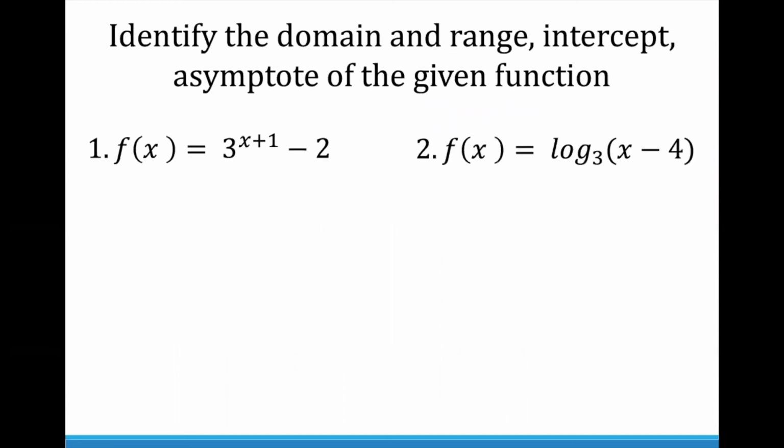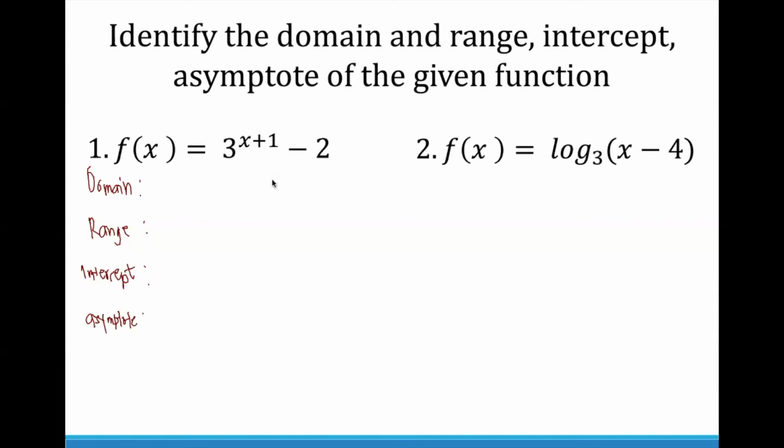So let's try. Identify the domain, range, intercept, and asymptote of the given function. So let's have the exponential function f of x equals 3 raised to x plus 1.